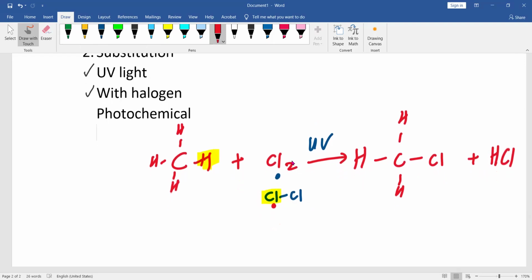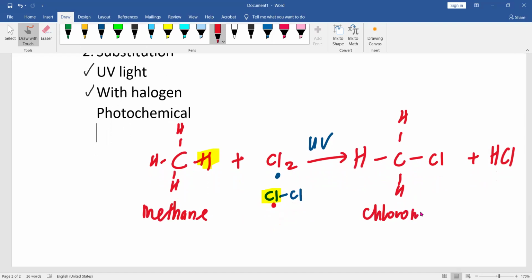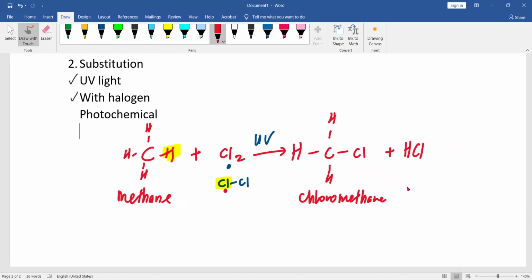A methane with a chlorine is called chloromethane. This HCl is not hydrochloric acid. Hydrochloric acid must be aqueous. This is called hydrogen chloride.